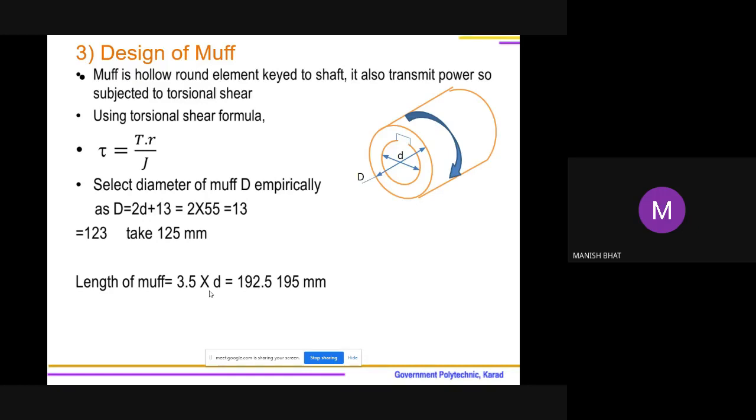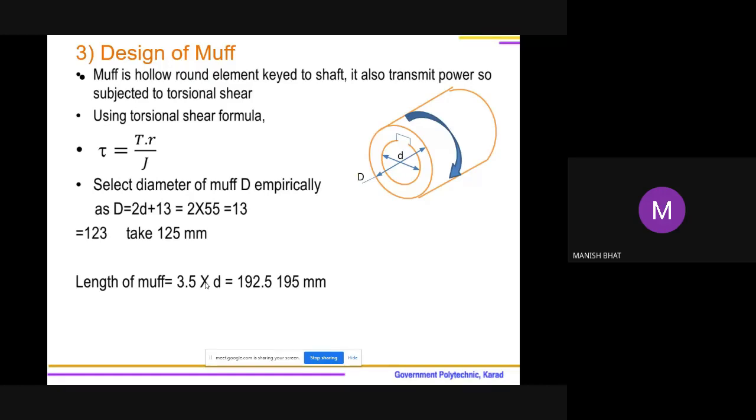Now again, we will initially select the outer diameter. Outer diameter capital D will be twice the diameter plus 30. This is the empirical relation. So the outer diameter of the muff is taken as 2 times the diameter of the shaft plus allowance of 13 millimeter. So it comes out to be 123. We will take a standard size, say 125 millimeter.